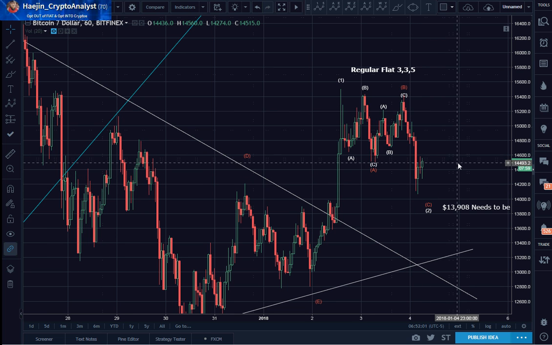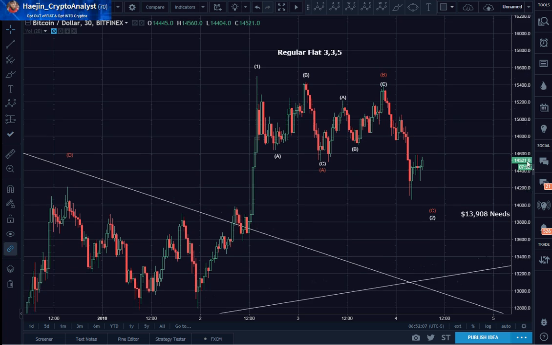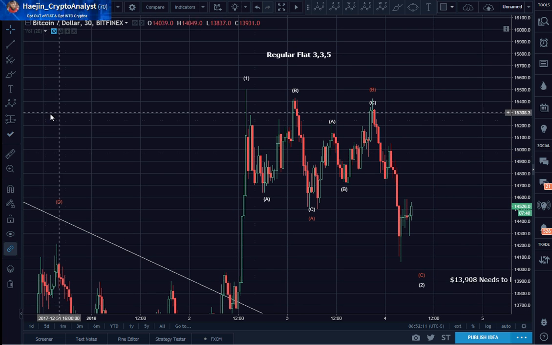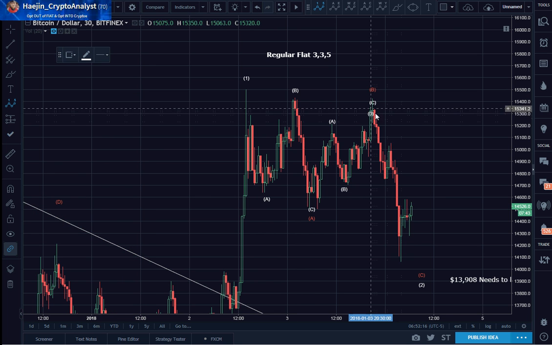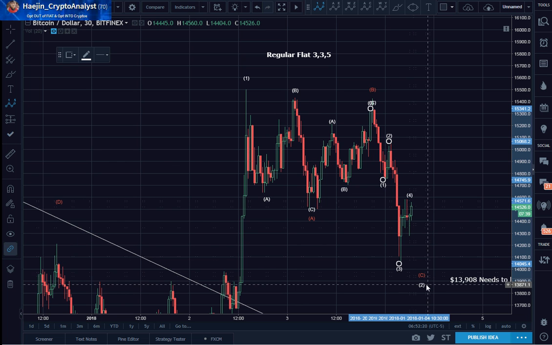And for that, this is a 1 hour chart. I'm going to go maybe a 30-minute chart so I can see more details. And if it has 5 waves, it'll look like this: 1, 2, 3, 4, and 1 more lower low.